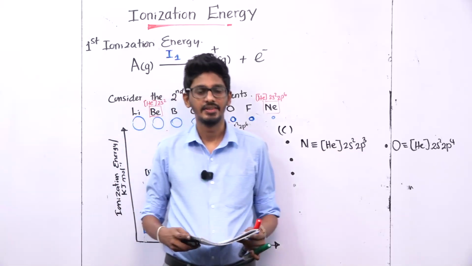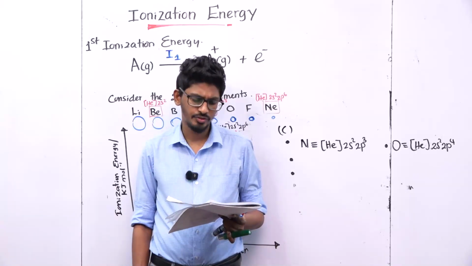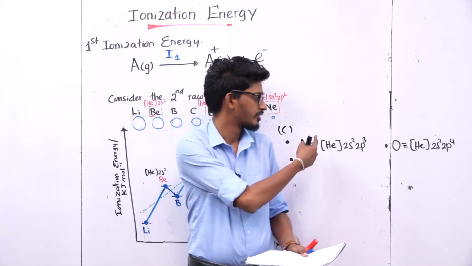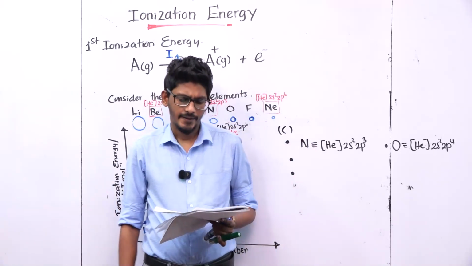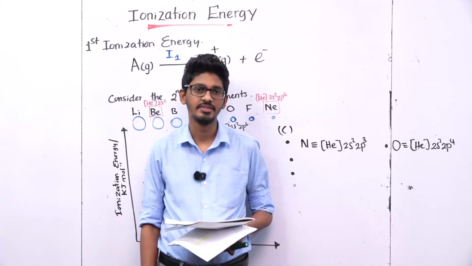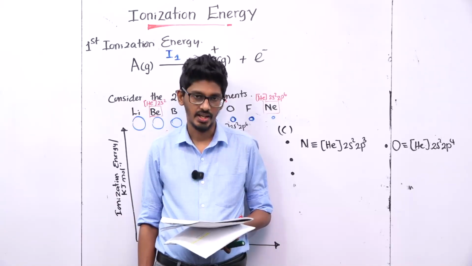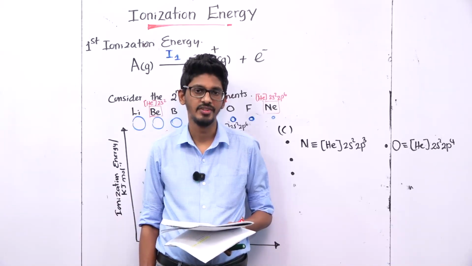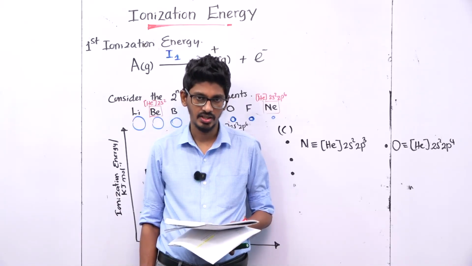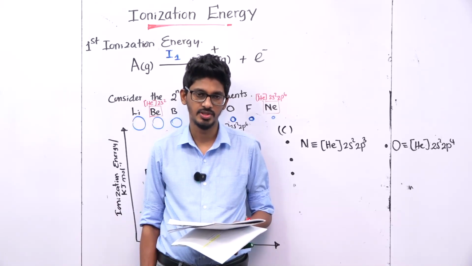Okay. Next, write: electronic configuration of nitrogen is a somewhat stable configuration with an exactly half filled p subshell. Come to the red color and write: exactly half filled p subshell.